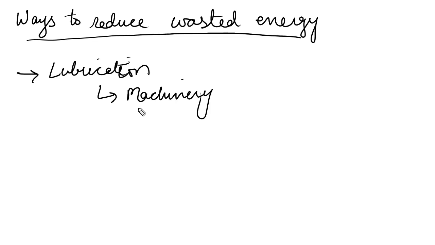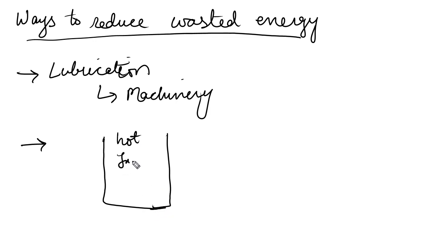All right. The next way to reduce the wasted energy is to transfer the energy from the place that is too hot to some other place. Let's suppose there is a hot furnace. We want this hot furnace temperature to remain at some constant temperature.